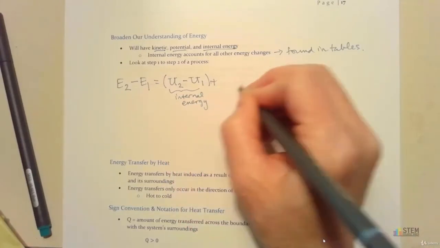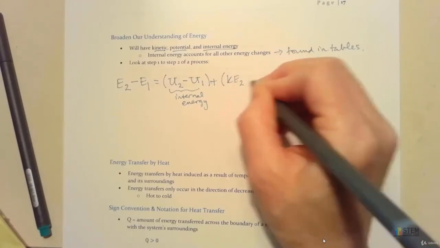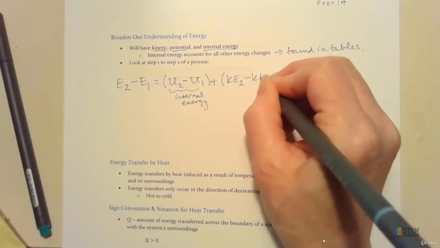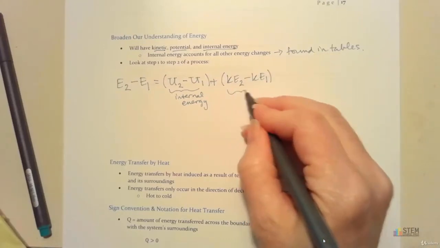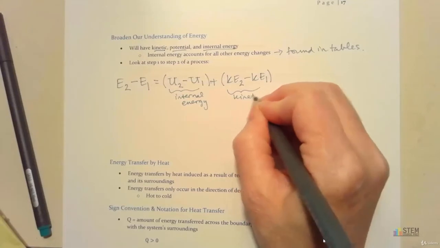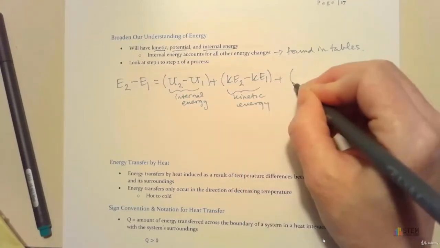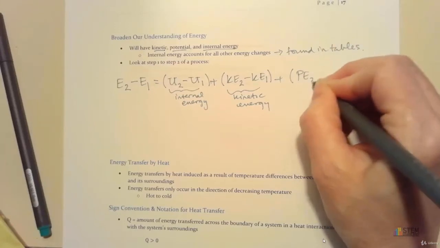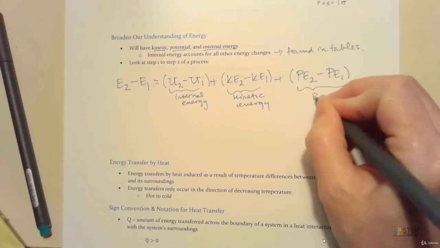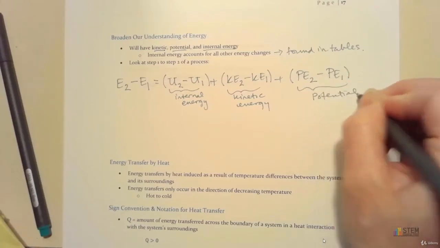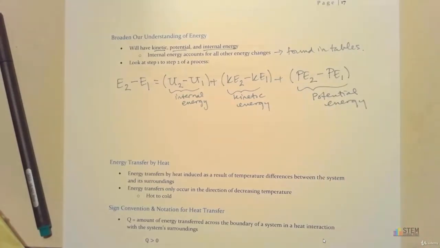And then after that, we're going to add to that the difference in kinetic energy. So we'll have our kinetic energy at state 2 subtracted with the kinetic energy at state 1. And then finally, you guessed it, we got potential energy. So here we're going to have the potential energy at state 2 minus potential energy at state 1. These are going to be our three energy sources in this equation.